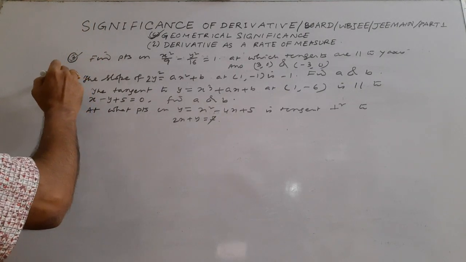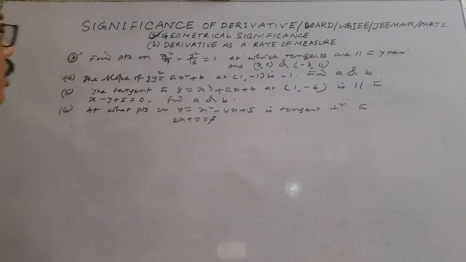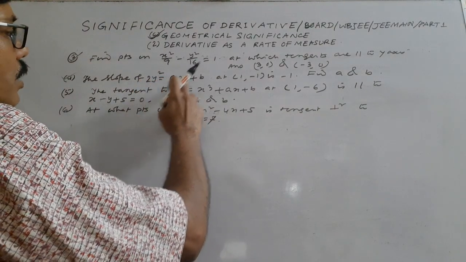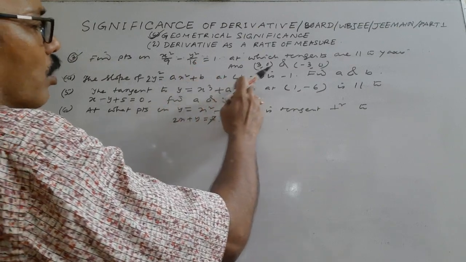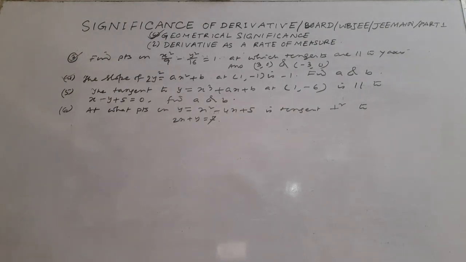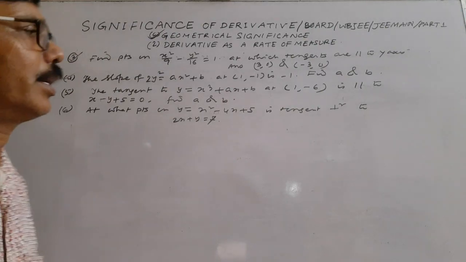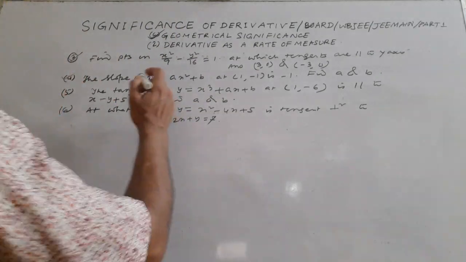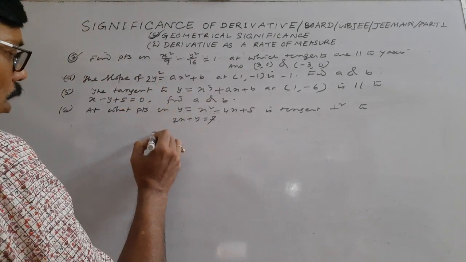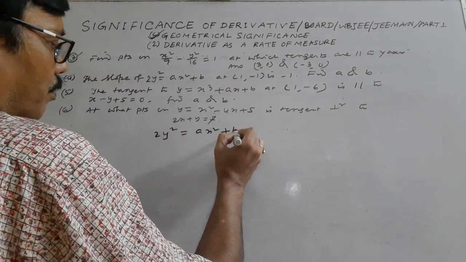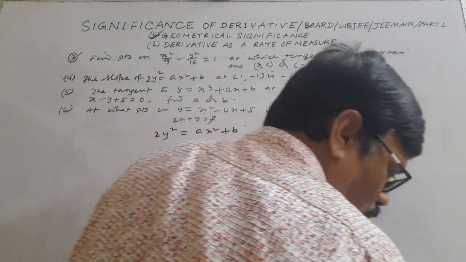Now problem number 4. The slope of 2y square equals ax square plus b at (1, -1) is -1. Find a and b. So consider 2y square equals ax square plus b.